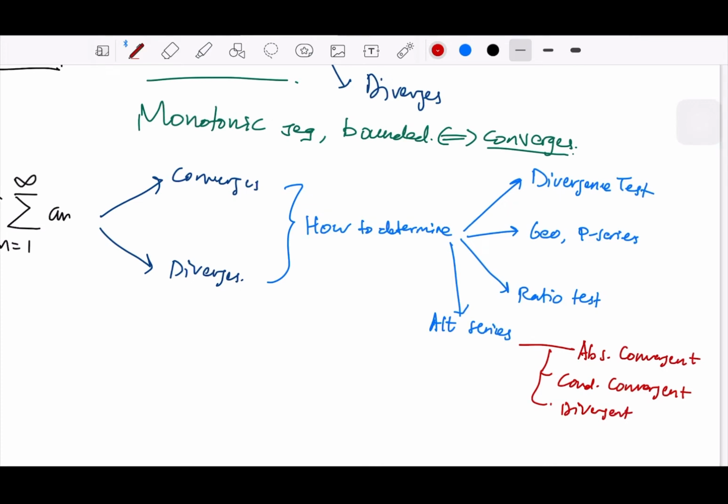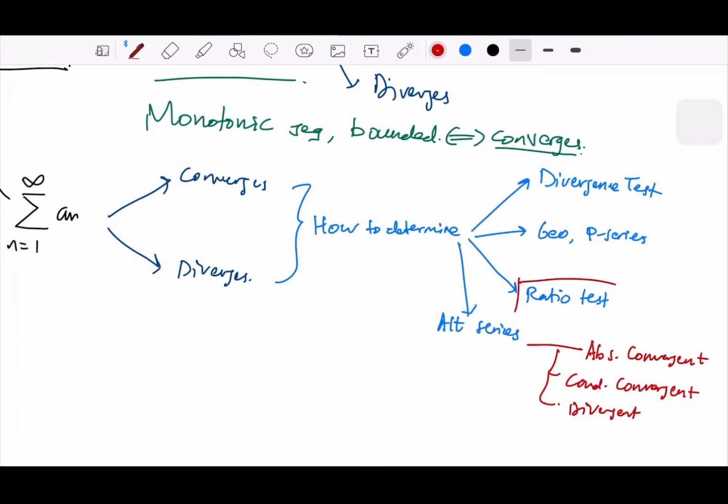Okay, and then from the ratio test, if you remember, we can have three implications: converged, diverged, or inconclusive. Less than 1, greater than 1, I hope you remember.